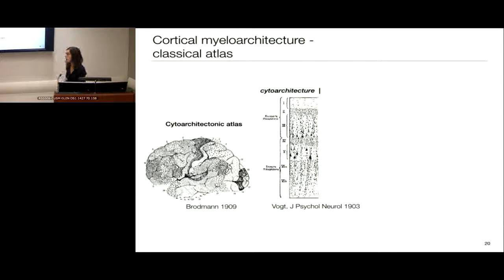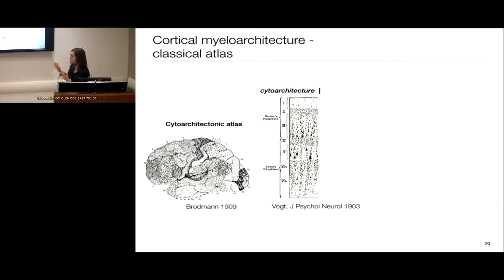It was divided into 54-ish regions, I believe, and this was then put into common MRI space. So people use this, align their functional MRI data to this atlas to know where they are in the brain. So heavily used by the functional imaging community.